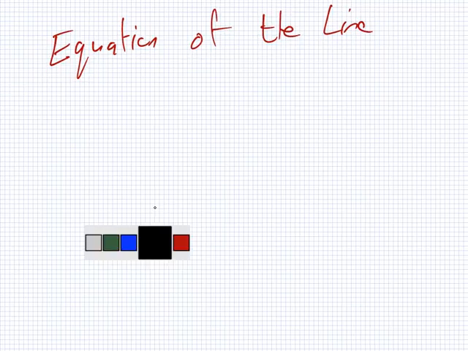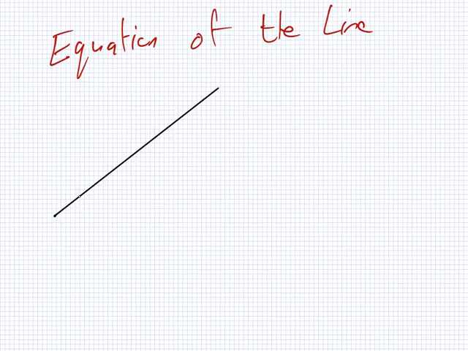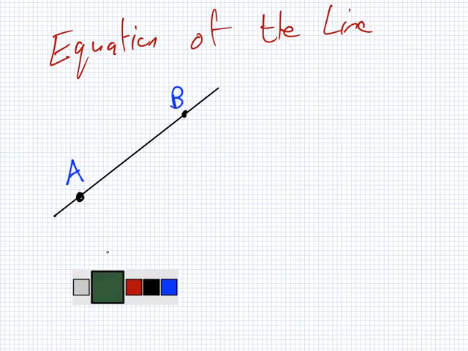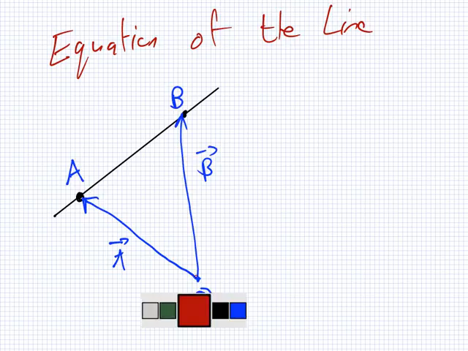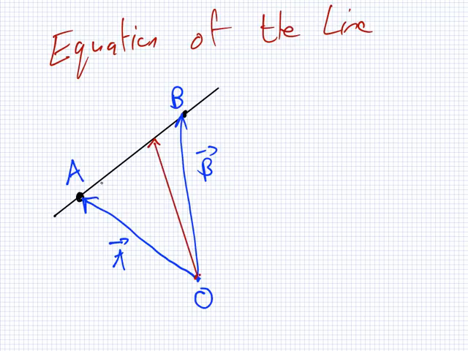How many points do you need to make a line? 2. So in blue, we have to imagine that we're given these 2 points A and B. And here is the vector A, and here is the vector B, and of course this point here is O. And we would like to find all the vectors that point on this line.